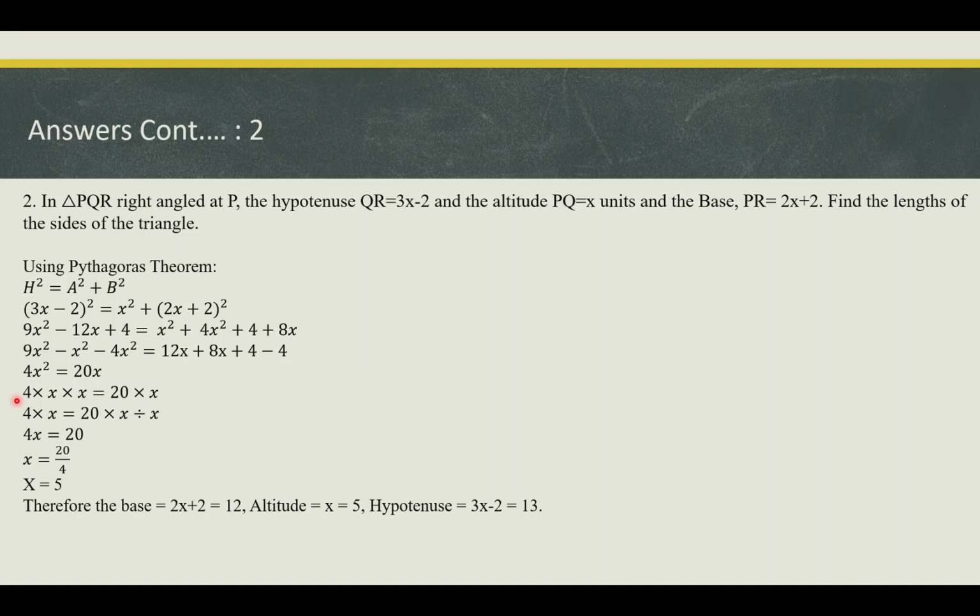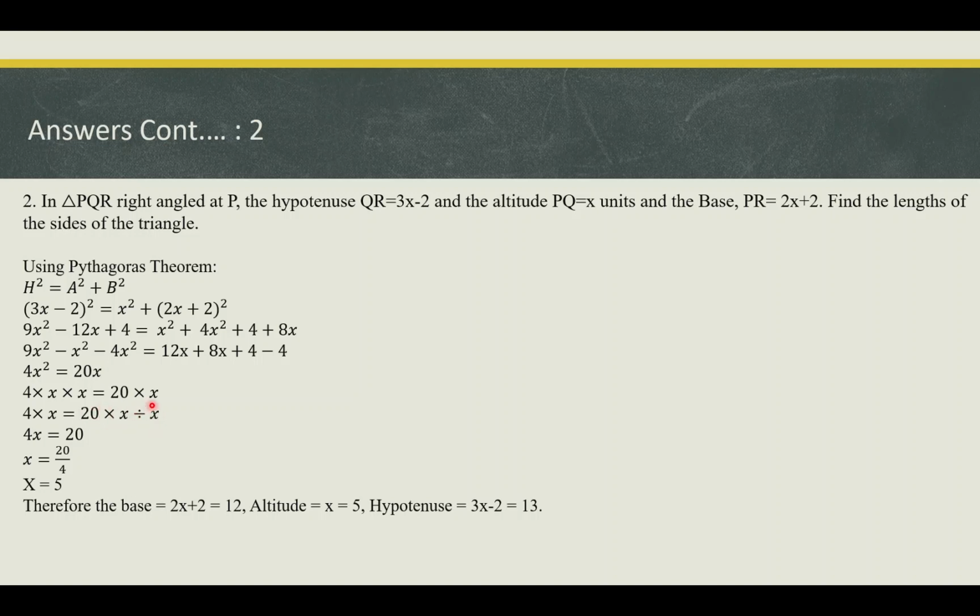And then you can either transpose 1x to this side or 1x to this side, because it would make no difference. If you transpose the x from the LHS to the RHS, it becomes 20 into x divided by x. And x divided by x, we're following BODMAS by the way, x divided by x is 1.